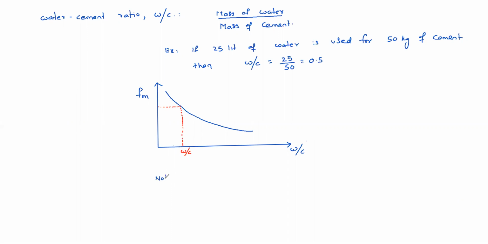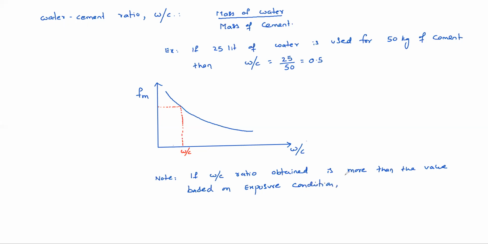So note here, if the water cement ratio obtained is more than the value based on exposure condition, we need to restrict the value to what? The exposure condition value.